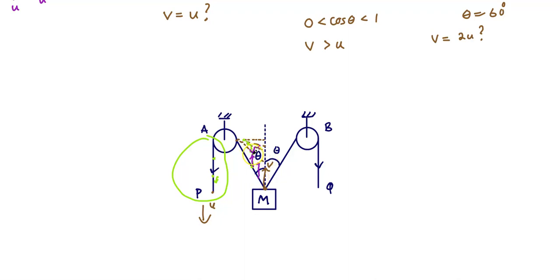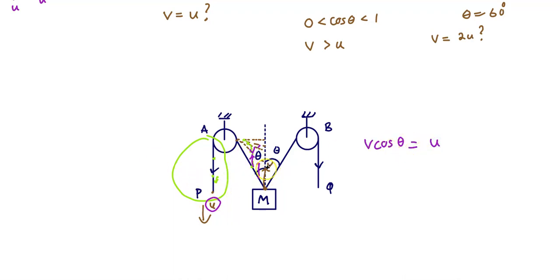Okay, what we can say is that the components of all of these vectors resolved along the string are going to be u, because what is the component of this velocity vector resolved along the string? Well, it's already along the string, so it's just u. Now, what is the component of this vector along this string? Well, it's v cos theta, and that still has to match u.